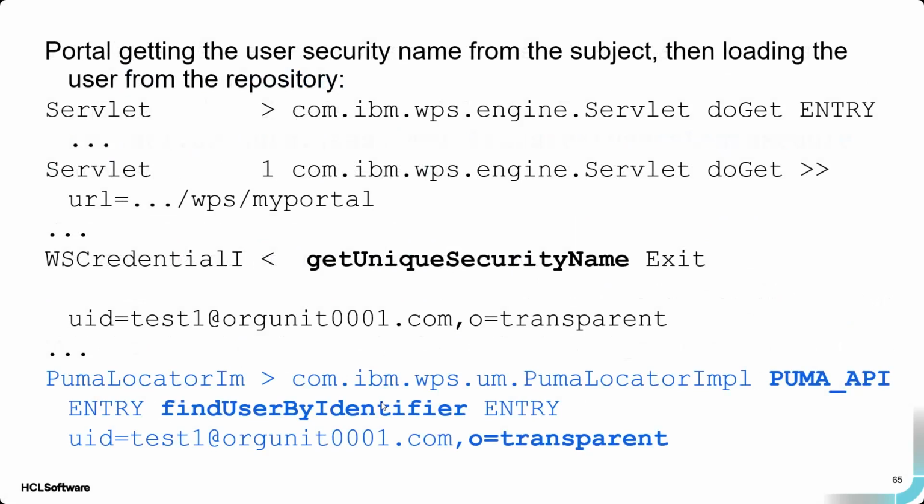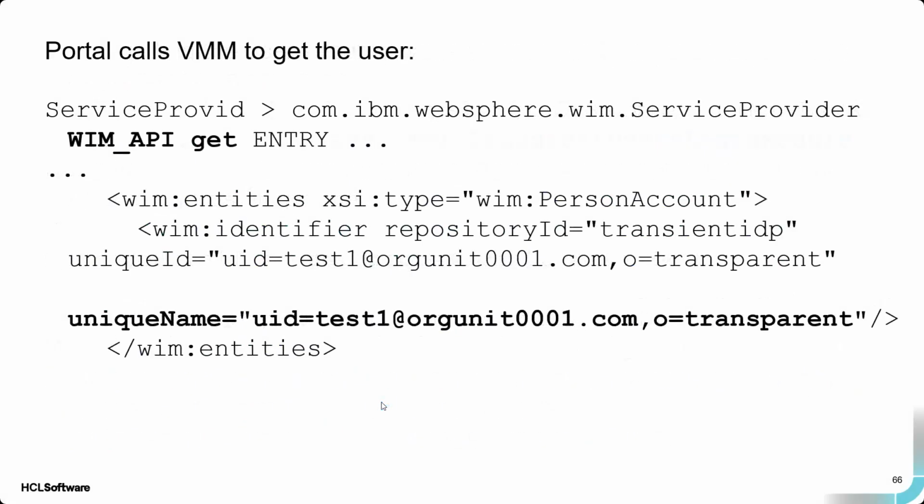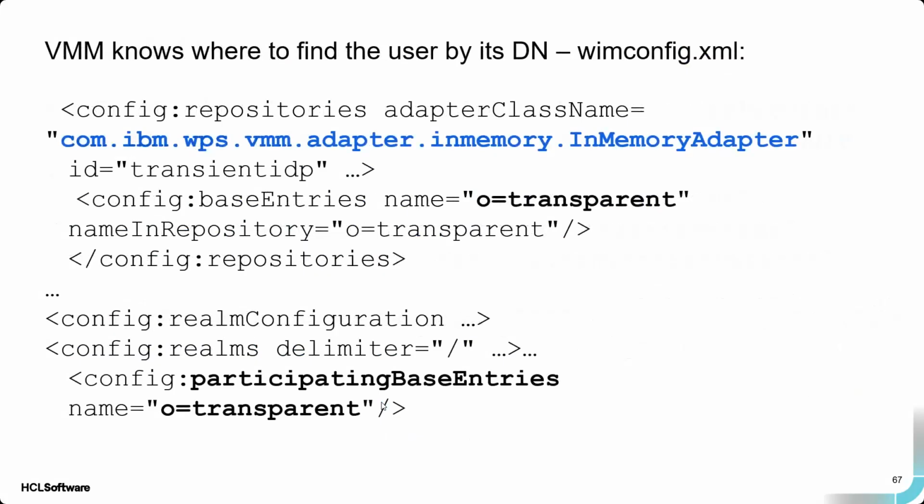So now we finally get to digital experience taking over control and us trying to load the information about the user, which is, as I explained earlier, necessary for portal and WCM functionality. So we say, hey, VMM, give us what you know about this user. And this is the workhorse for transient users.